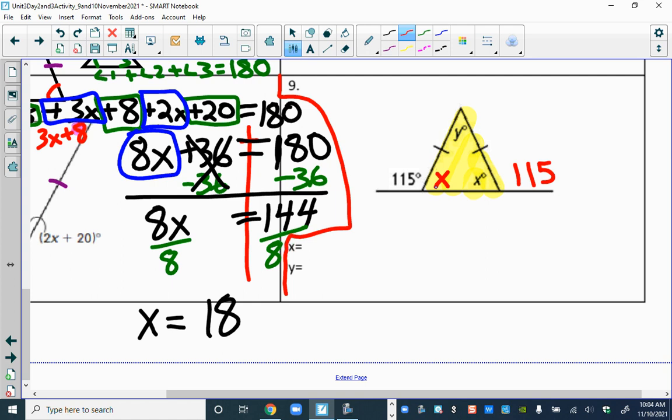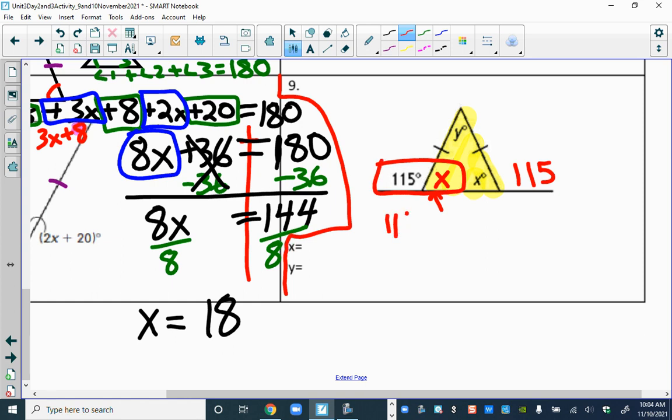You both are right because these two, the 115 plus x, has to be 180. That's why I wanted both. I'm glad both of you said exactly what you said because that's excellent. This angle is an x because since they're both opposite congruent sides, you can label that as the x.